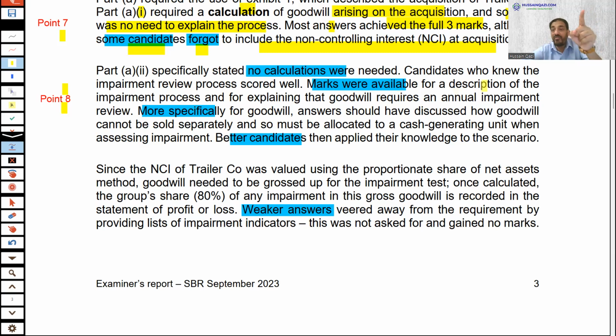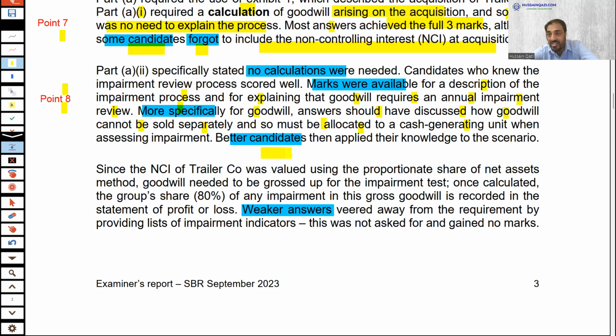Marks were available for description of the impairment process and for explaining that goodwill requires an annual impairment review. More specifically for goodwill, the answer should have discussed how goodwill cannot be sold separately. It's not independent, so it must be allocated to a CGU. That is the examiner's expectation.